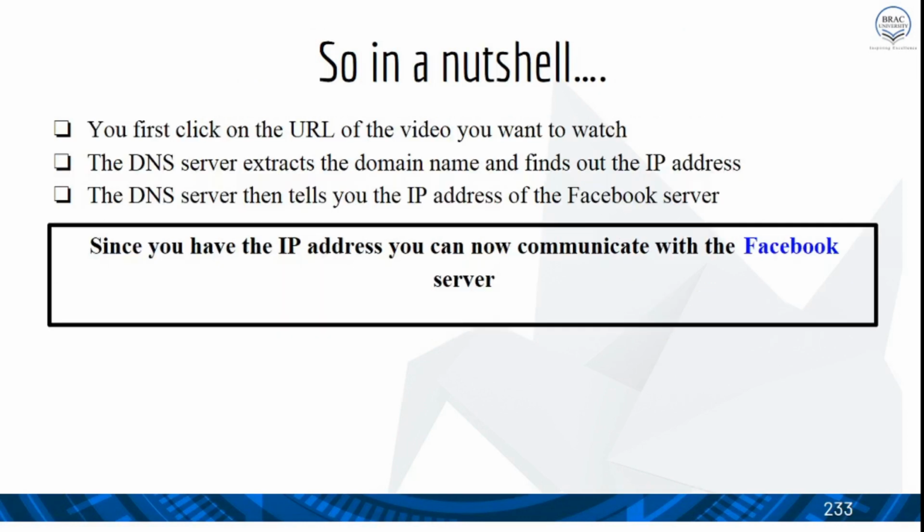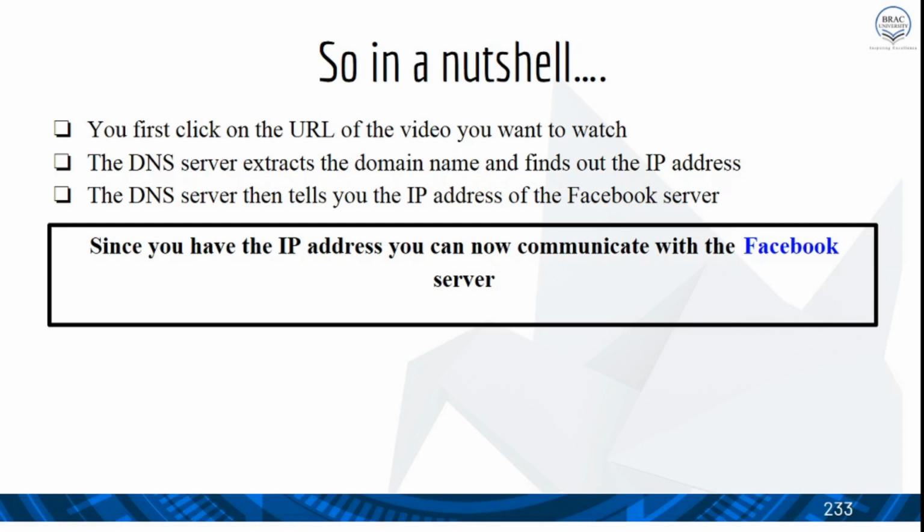So students, to sum up everything that we have learned in this tutorial, you first click on the URL of the video that you want to watch, which is uploaded on Facebook, right? The DNS server then extracts the domain name and finds out the corresponding IP address of the Facebook server.